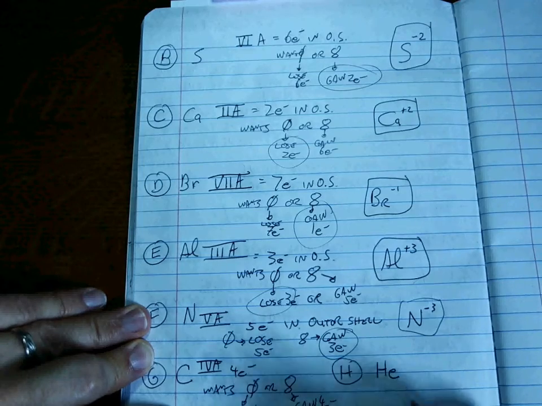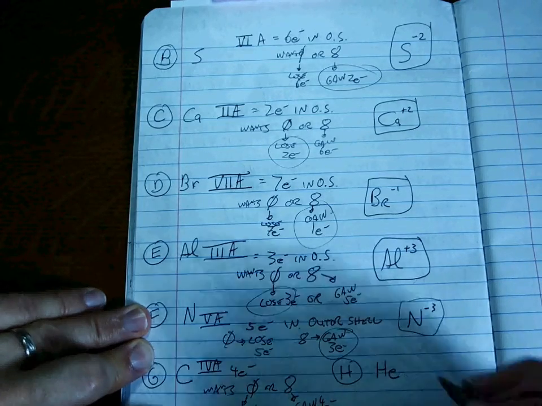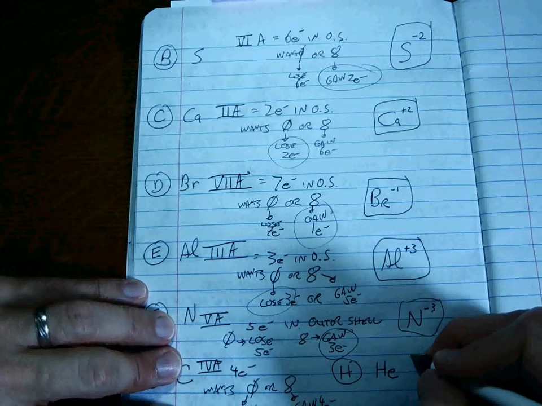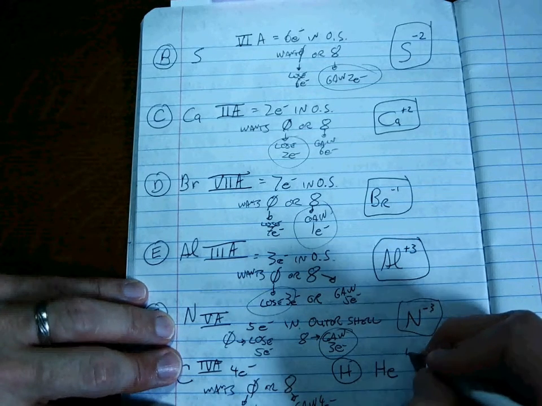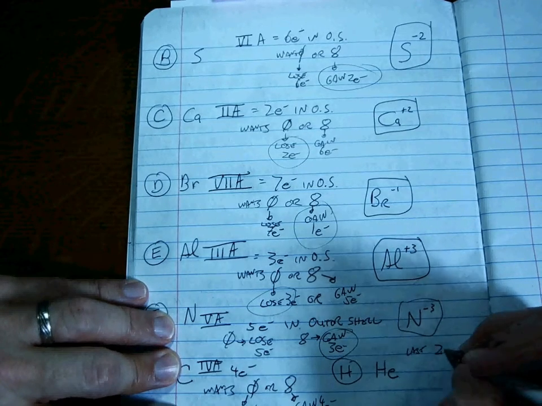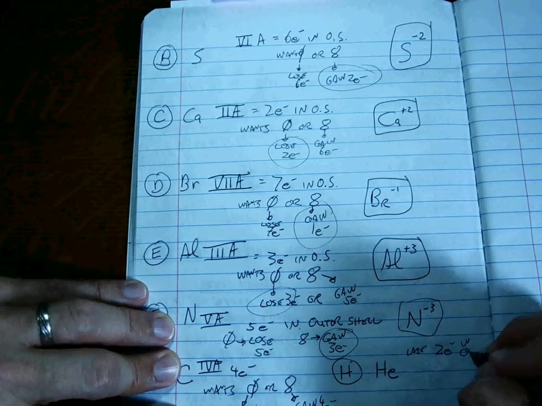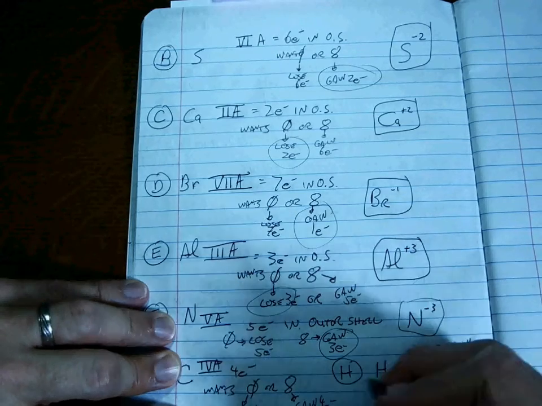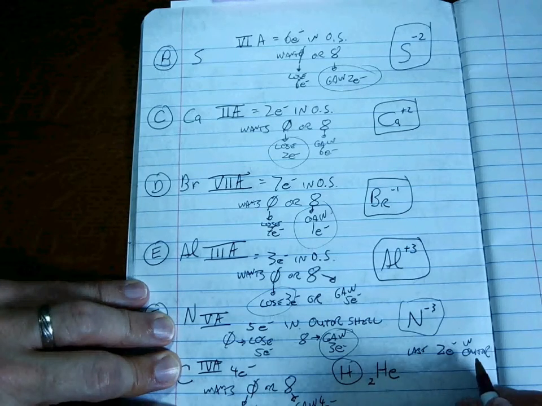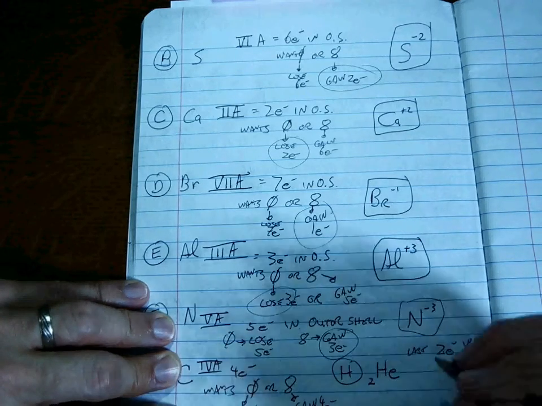Okay, one last example. Helium. Helium is in group, well, what is it in group? It's in the last group. So it actually has 2 electrons in the outer shell. It's a little confusing, but helium is atomic number 2, so it has to have 2 electrons because it has to have 2 protons.